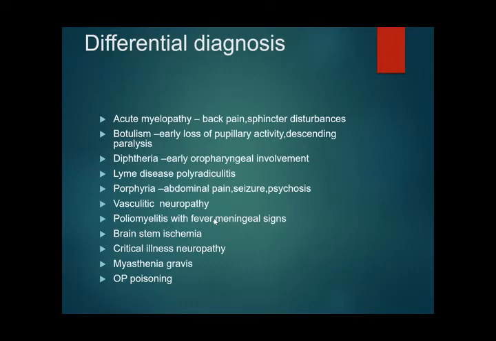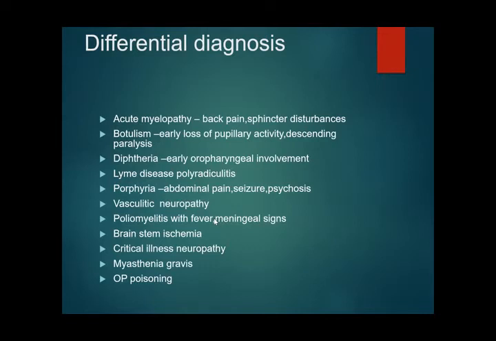Lyme disease has other systemic manifestations like joint pains and rash, and it is actually a polyradiculitis rather than polyneuropathy. A porphyria patient will have abdominal pain, and can have seizures and psychosis. In vasculitic neuropathy, you may get symptoms of different connective tissue disorders or vasculitis from the history.